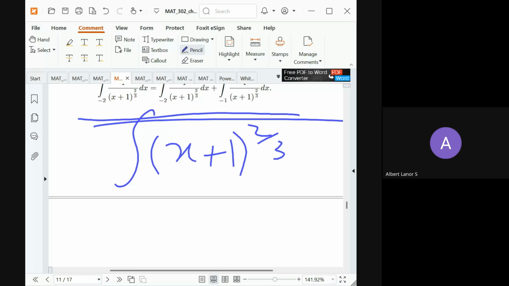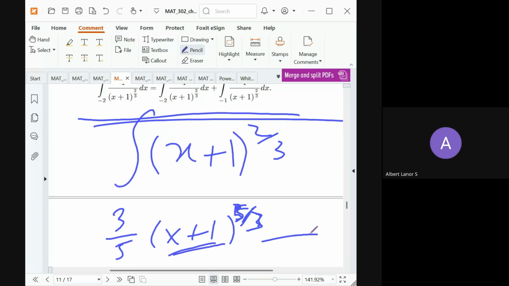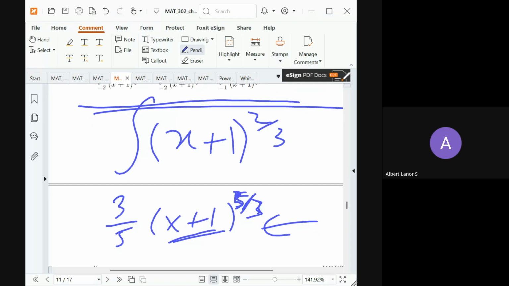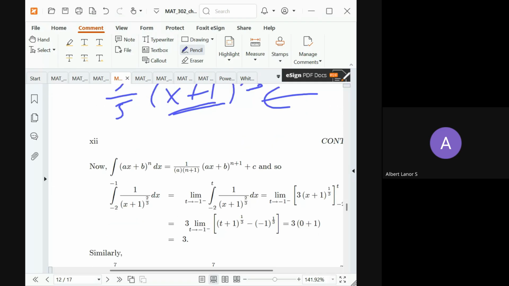You have 5 over 3, which will be 3 over 5, x plus 1 to the power 5 over 3. So this is from the generalized power rule. Then you add 1 to it, divide by the new power. And when you differentiate this, you get back the original. So the integral of this function is 3 over 5 (x plus 1) to the power 5 over 3.